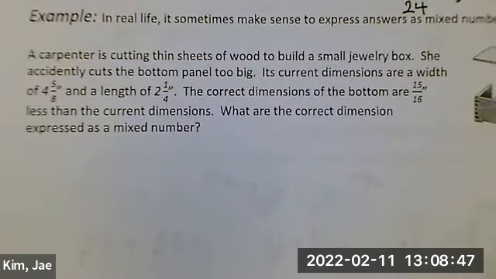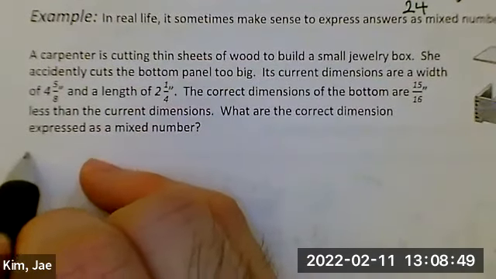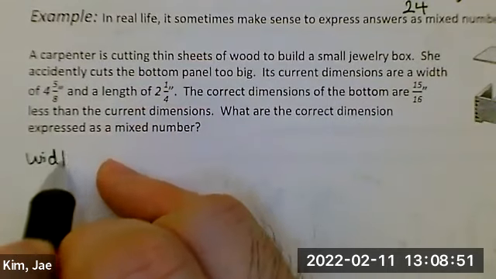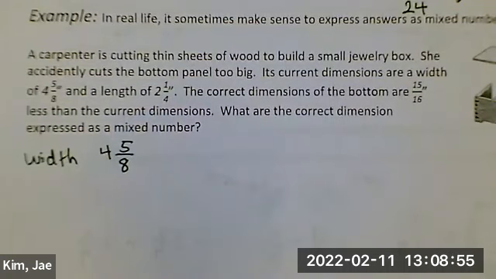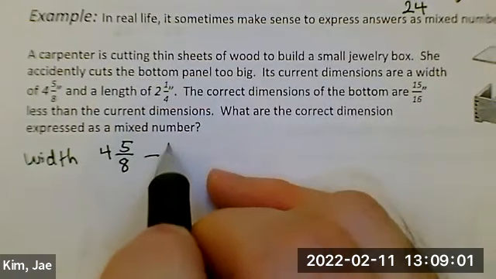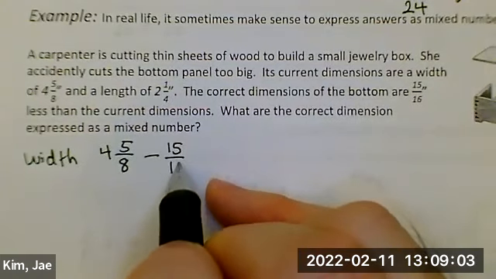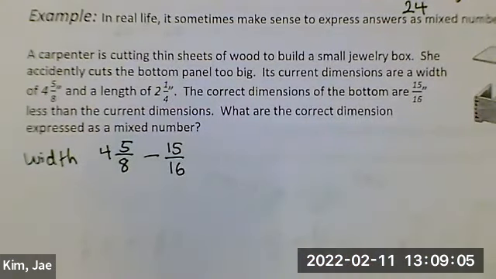Here we go. Width is currently 4 5/8. I need that dimension to be 15/16 less than what we have right now. What is that equal to?